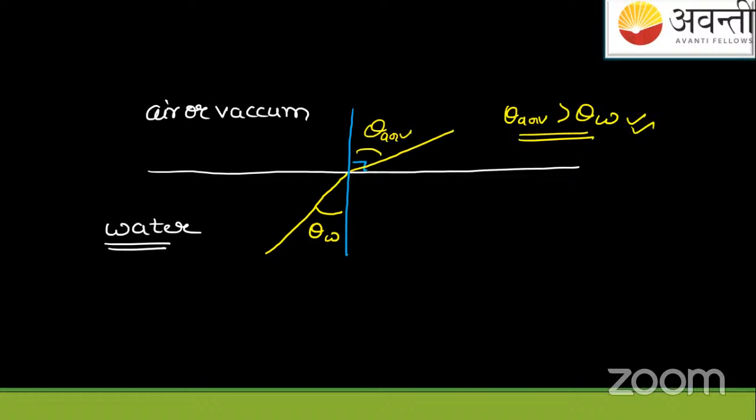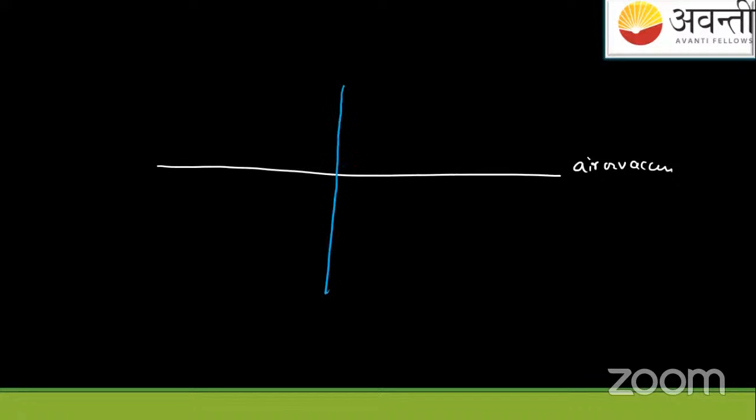Next point is this. Suppose you're having a boundary like this, air or vacuum, and a line perpendicular to it. Let us now take a different case.